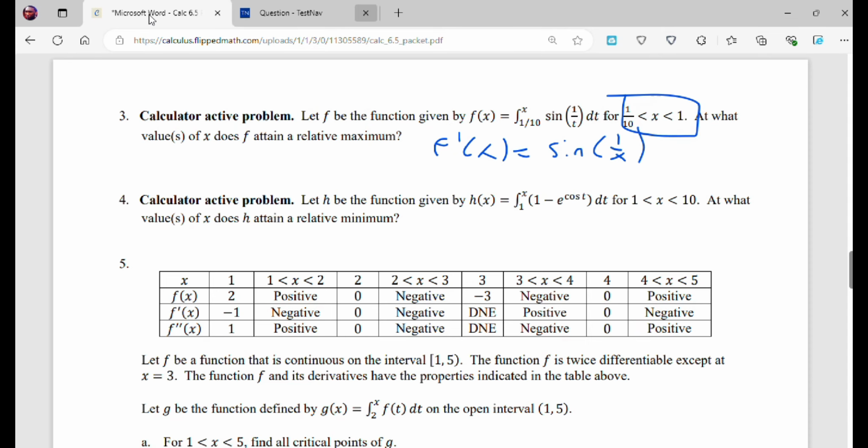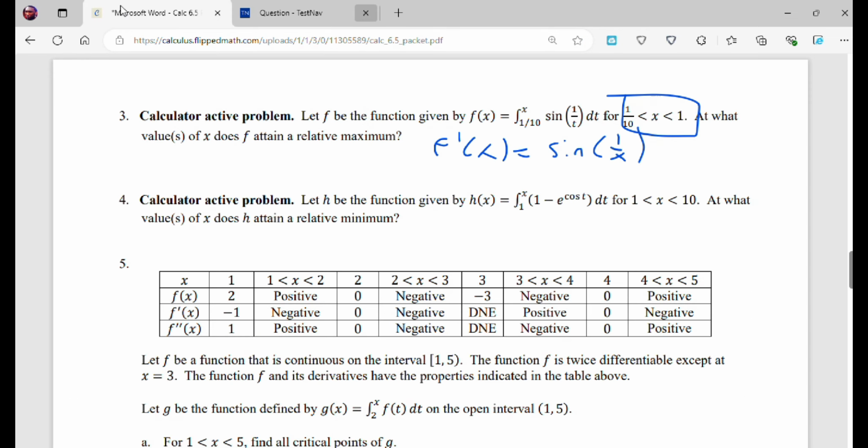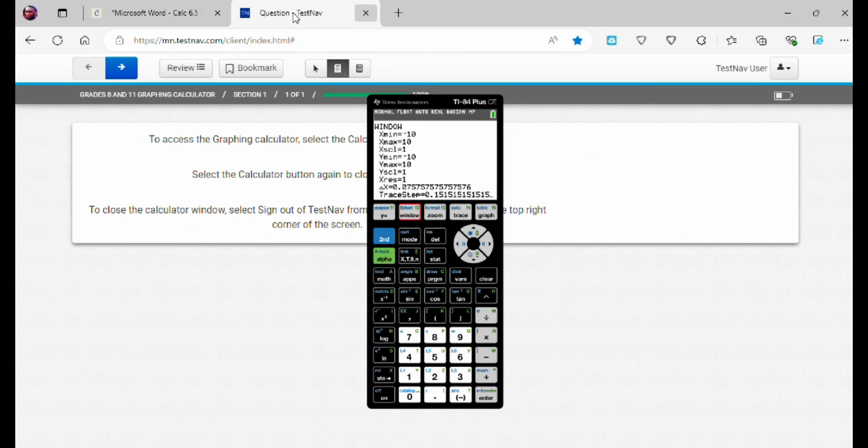So we have sine of 1 over x. Okay, and in our window, we said 1 over 10 to 1.